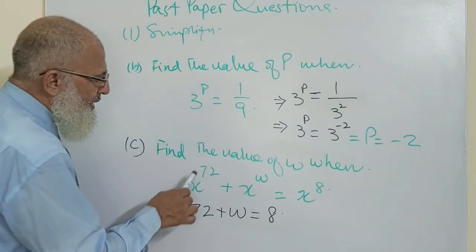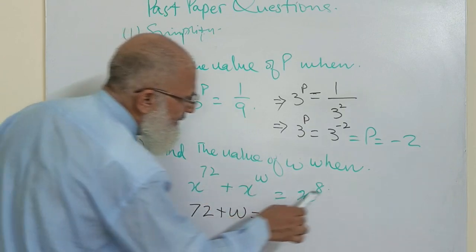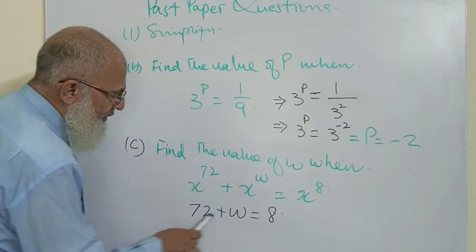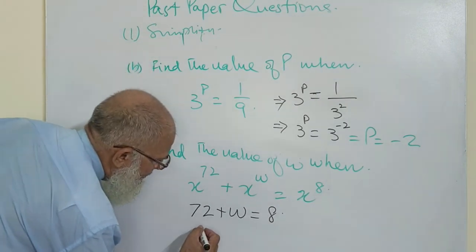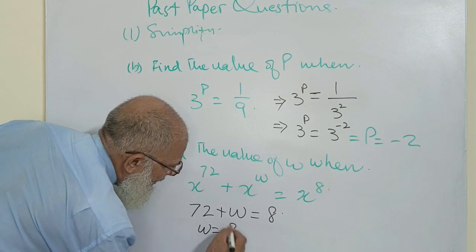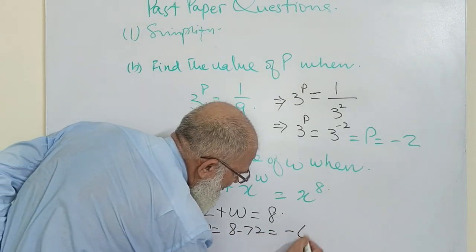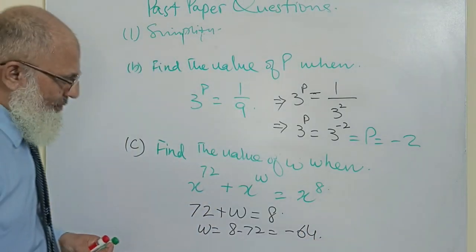That means the whole indices are equal to this index. So 72 plus w is equal to 8. Now you can easily solve this. w is equal to 8 minus 72, which is minus 64. It is a very easy question.